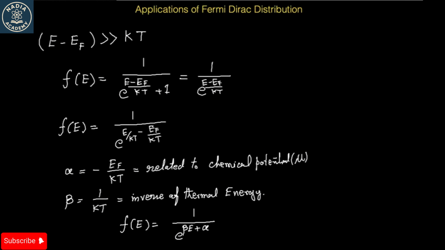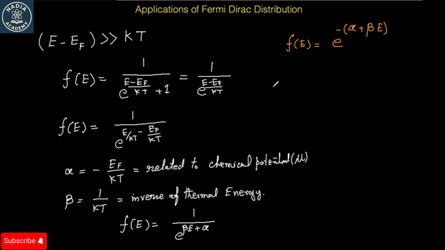So we have the final form of the Fermi function, which is f of E equal to e to the power negative alpha plus beta E. So this function can be utilized to calculate the molecules' energy distribution in a gas.